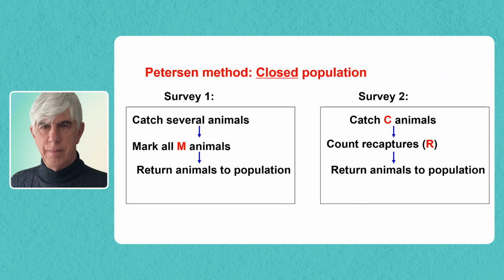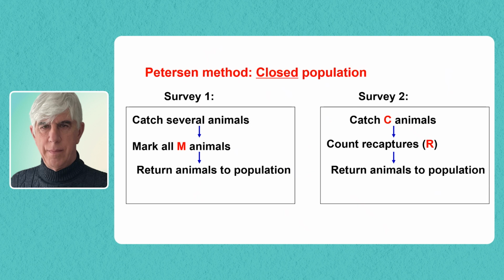So how does capture and recapture work? You have to capture the animals, and we need two surveys. In the first, you catch as many animals as you can, and you mark all of them. You can put a ring on them; there are different ways of marking the animals.